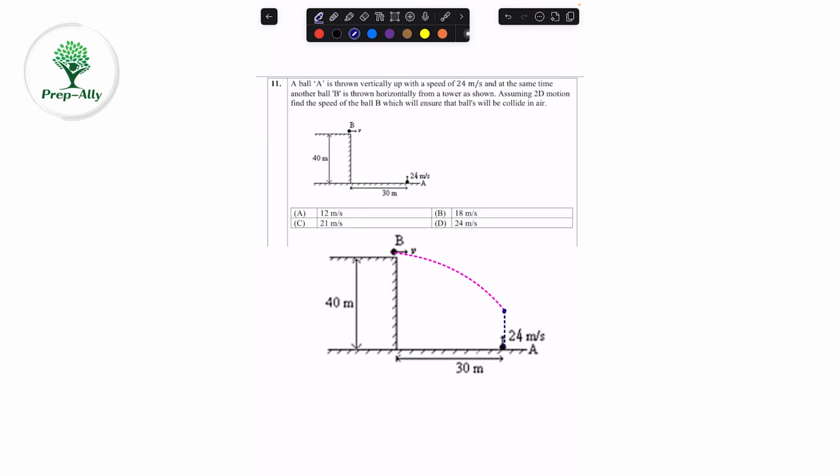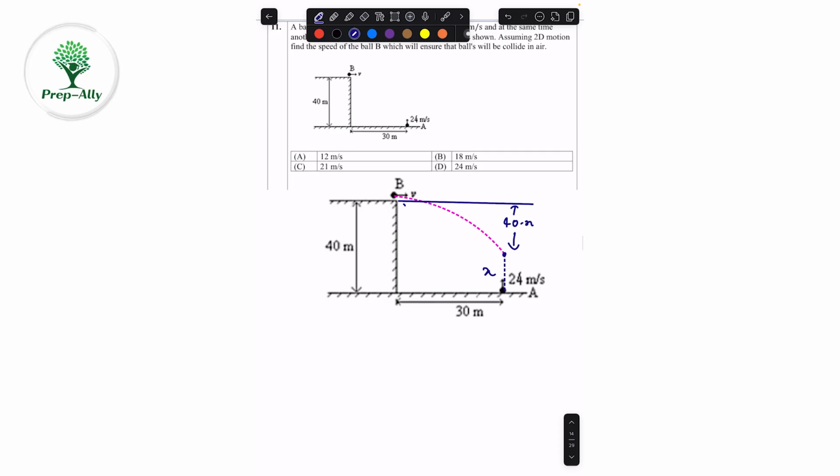What we are saying is we are already given that this total distance is 40. So I assume this to be x. So if this is x, this here will be 40 minus x.